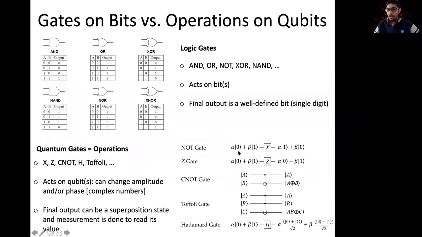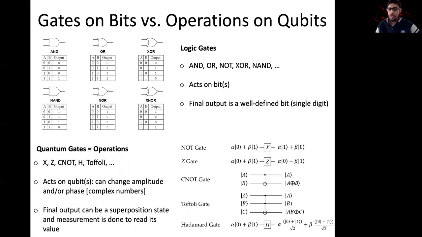For example, if a state alpha 0 plus beta 1 is passed to a quantum gate, it could generate a new state with slightly different alpha and beta. So it can change the states. There are lots of gates in quantum to make quantum circuits, for example, quantum NOT gate, Z gate, CNOT gate. I'm not going to go into detail. I'm just trying to give you ideas of how quantum computers operate.